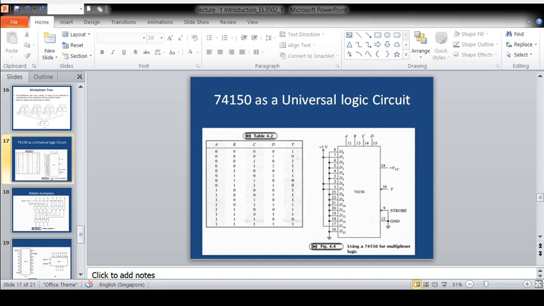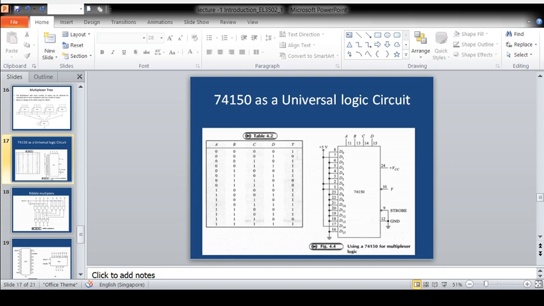So you prepare a truth table and you see what output you require. This truth table is given to you and you want to implement it. What do you have to do? Data inputs D0 to D15, you have to connect according to your requirements. That means if you require that the output should be high for D0, then D0 should be connected low.